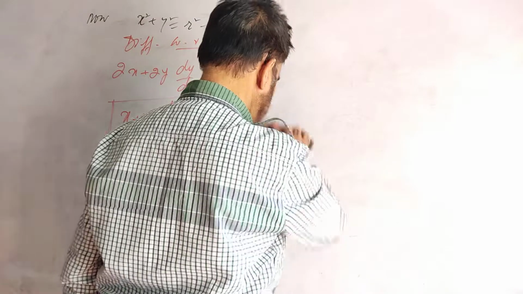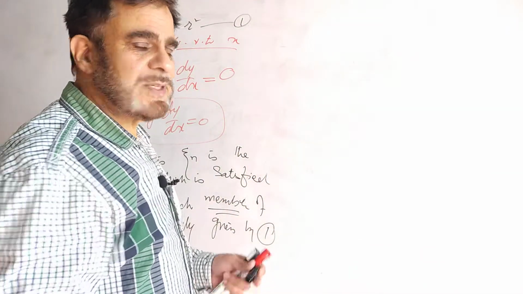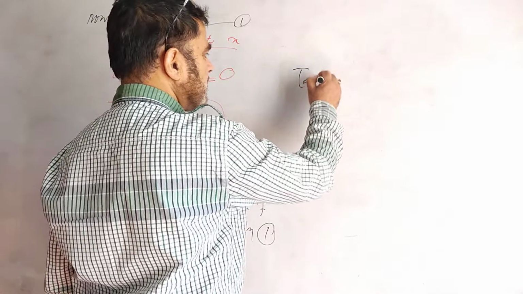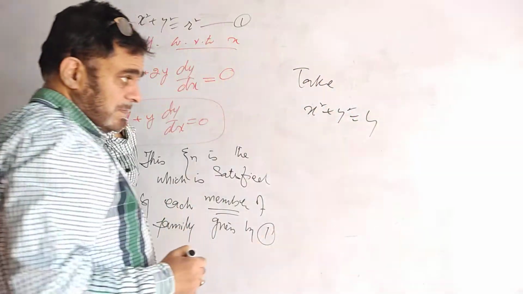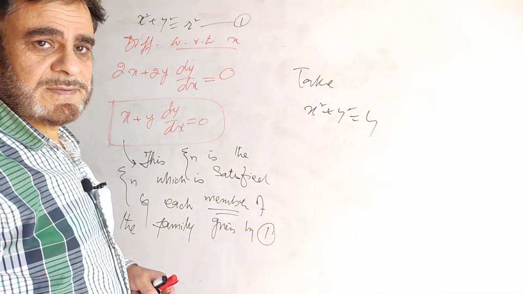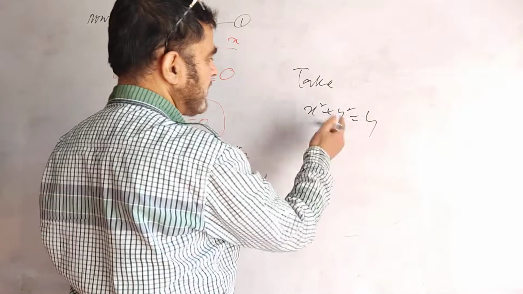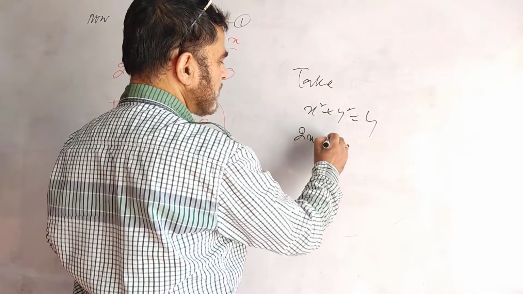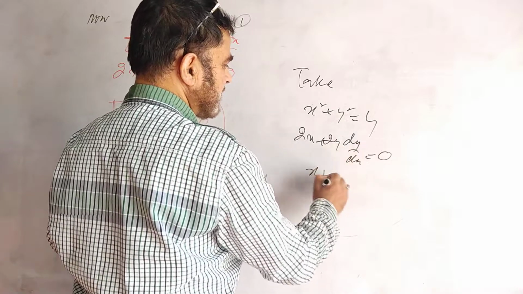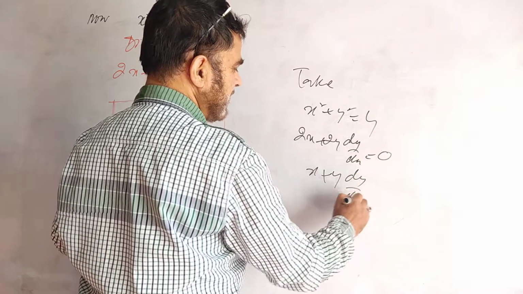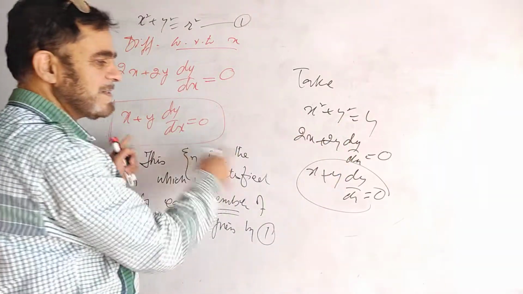Okay, I will go this way. Take any member arbitrarily. Take x square plus y square is equal to 4. It is also a member of this family. Will it satisfy this? Yes. If I differentiate, it is 2x plus 2y dy by dx is 0, that is x plus y dy by dx is 0. So it satisfies this.